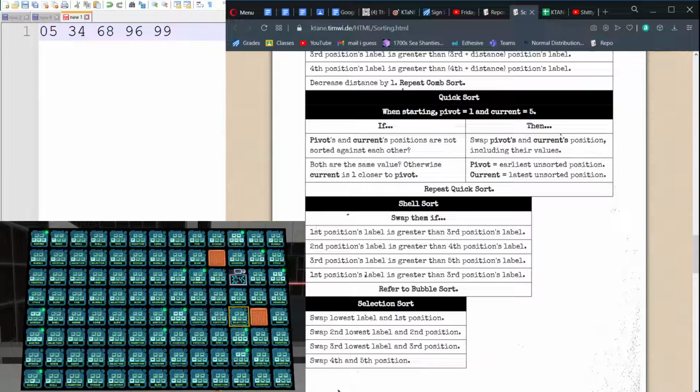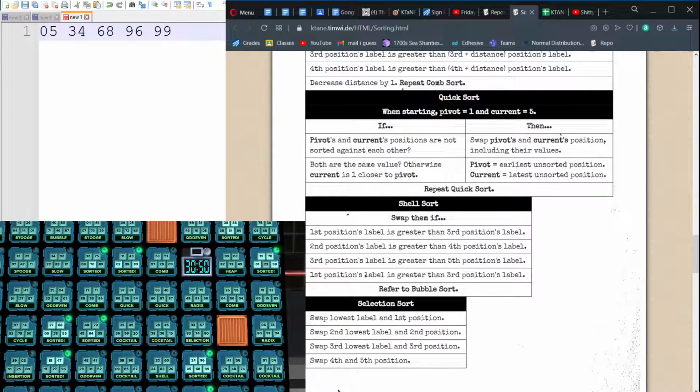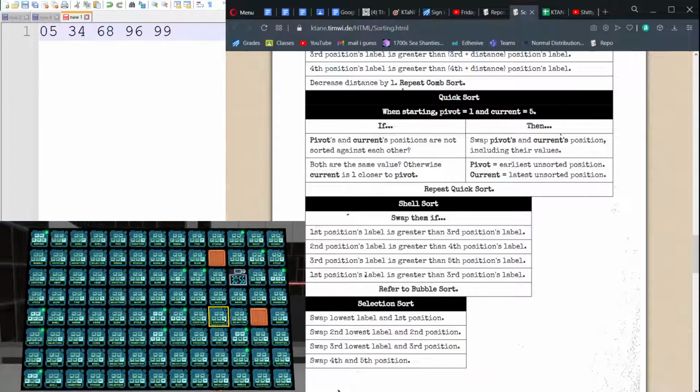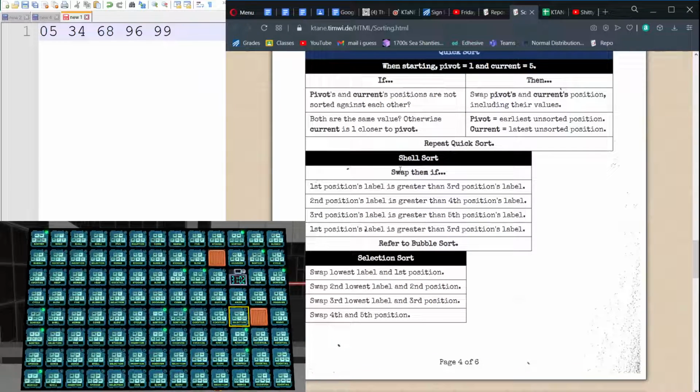Because if you get pivot and current as the same thing, then that just won't ever happen. That means that it's already sorted. So, I think that's just a useless clause in that particular section.